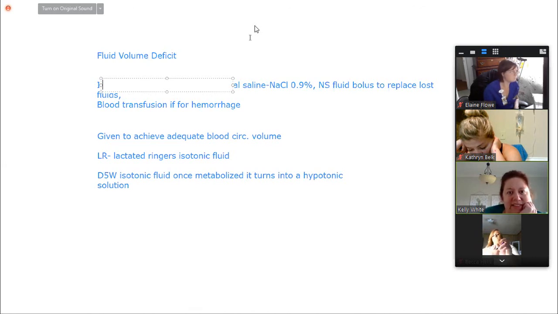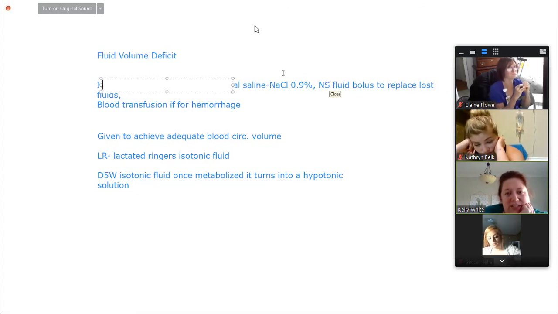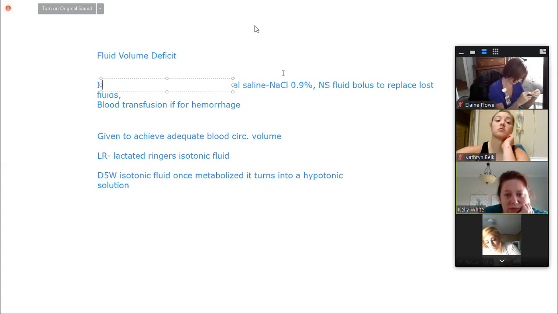All right. So does everybody have isotonic dehydration? So true isotonic fluids are normal saline, LR, and blood transfusions. And just as a side note, the only fluid that you can give with blood transfusions is normal saline.